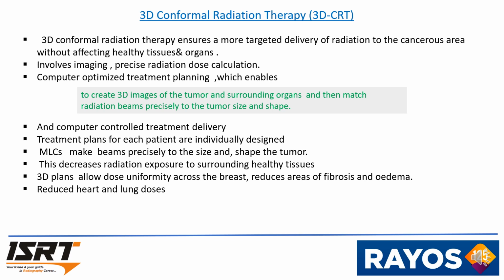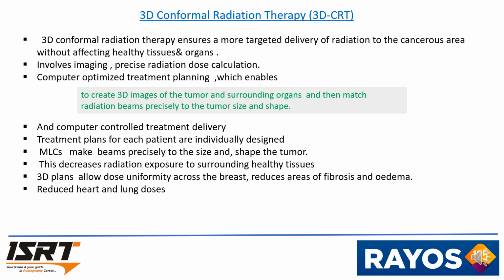Computer optimized treatment planning enables creating 3D images of the tumor and surrounding organs and then matching radiation beams precisely to the tumor size and shape, and computer controlled treatment delivery.